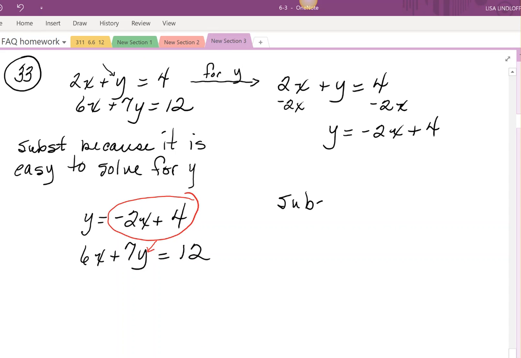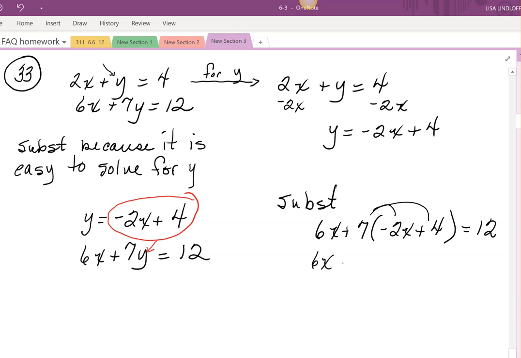So I have 6x plus 7 times negative 2x plus 4 equals 12. So I have 6x, I'm going to use the distributive property, minus 14x, because positive times negative, plus 28 is equal to 12.